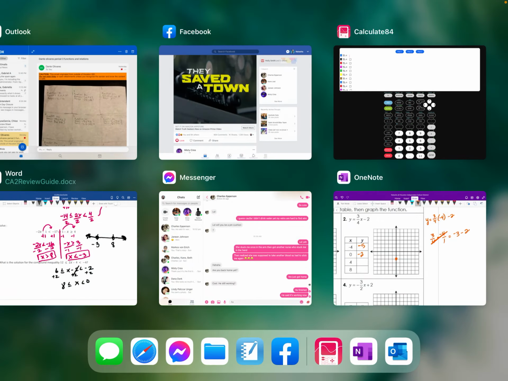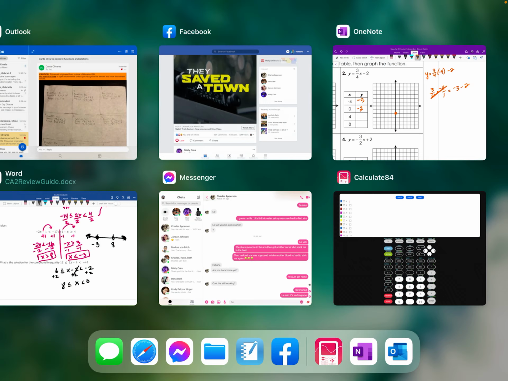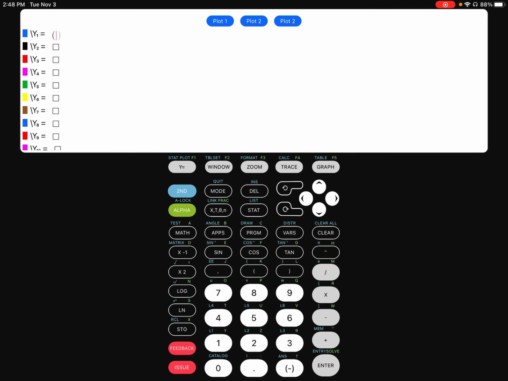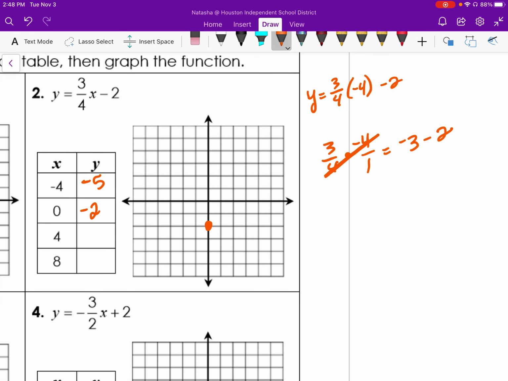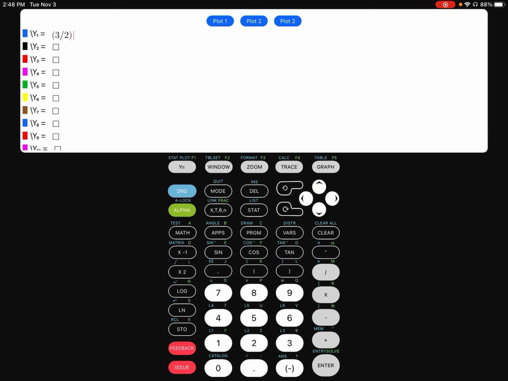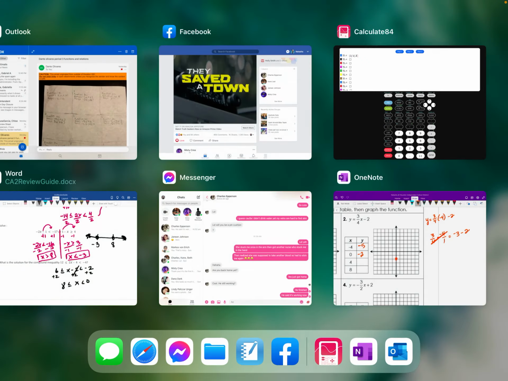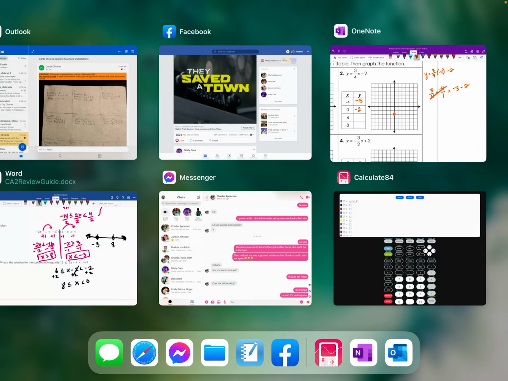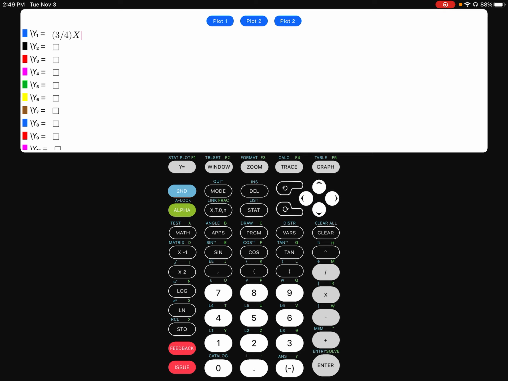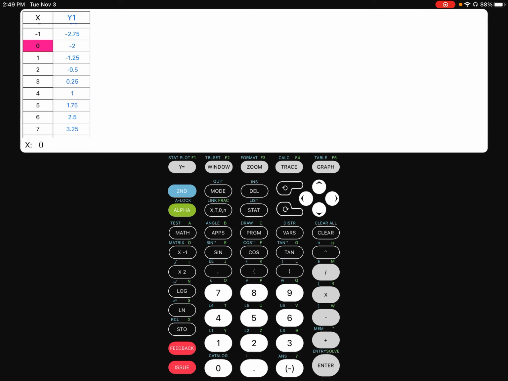Now, I don't have a fraction on this calculator, so I'm going to use parentheses to make the fraction, and it's 3/4. And then it's x, and then it is minus 2. Okay, and then I'm going to go to second graph to look at my table list of values.